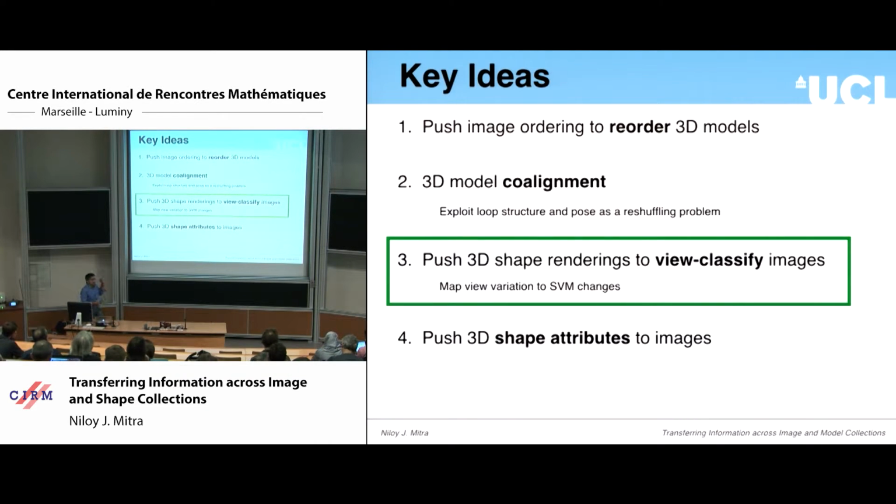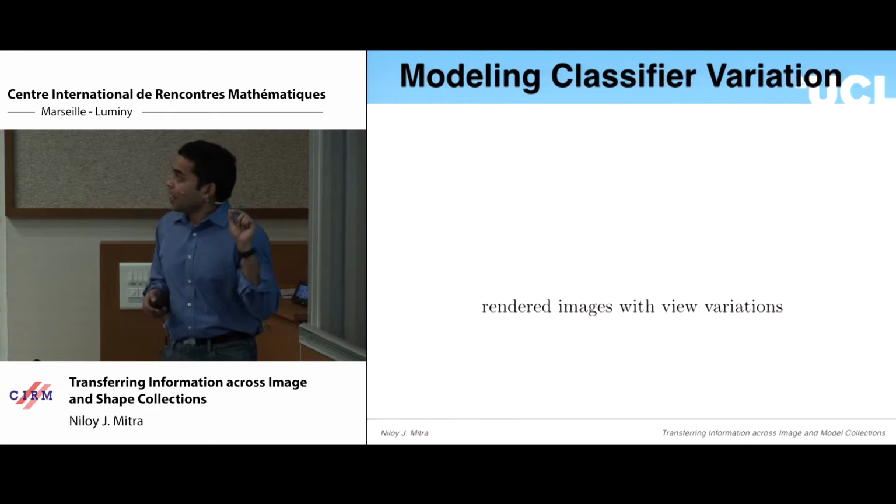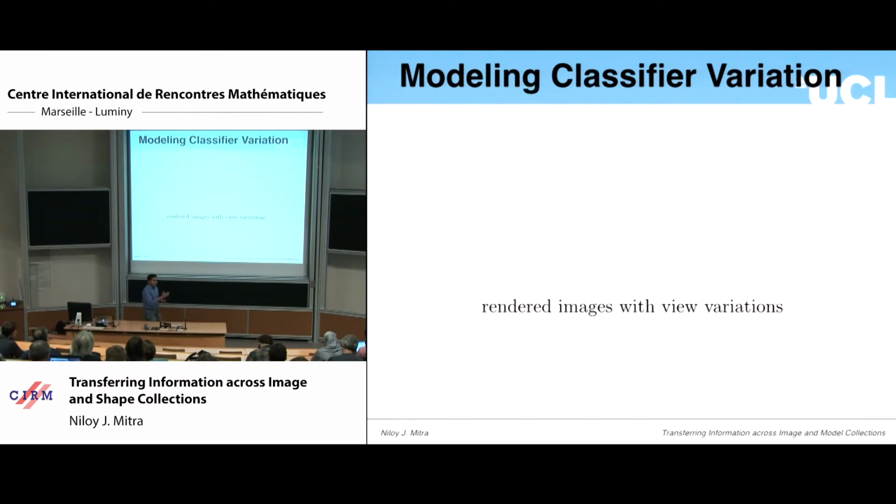Now, there's something subtle that will go on here, so I will try to go slowly over this. So what we have are views of these models. So I don't have one car. I have thousands of cars, but I know 0 degree for all of them, 10 degree for all of them, etc. Okay? Now, for each image, you can get your feature vector. We use these HOG features, but now you maybe use your favorite CNN features.